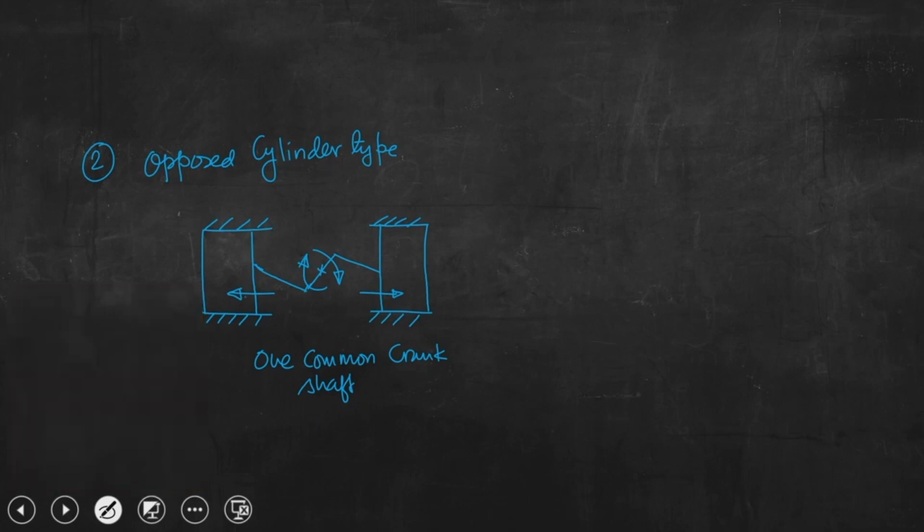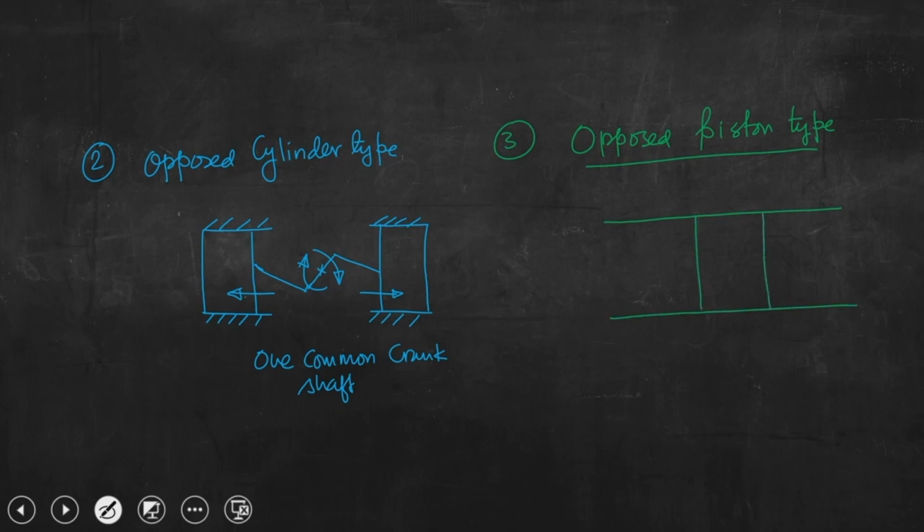Next, we can write next type is opposed piston type. So, this is the spark plug.